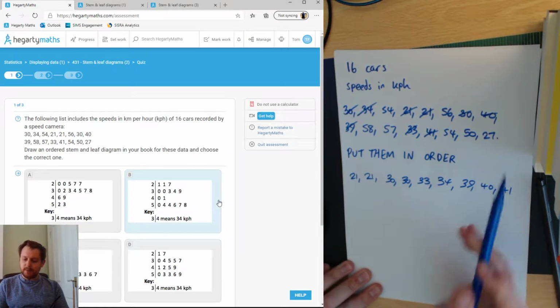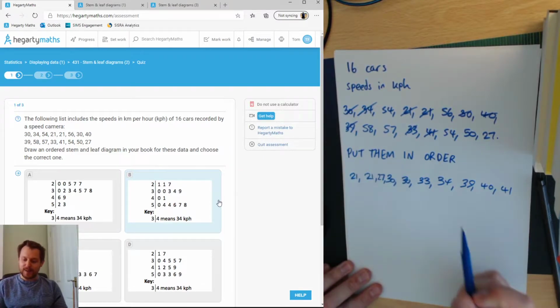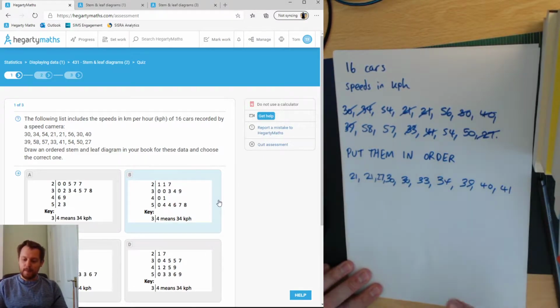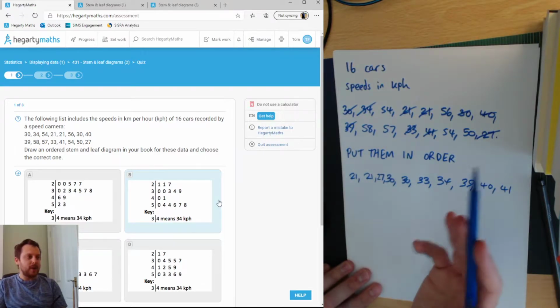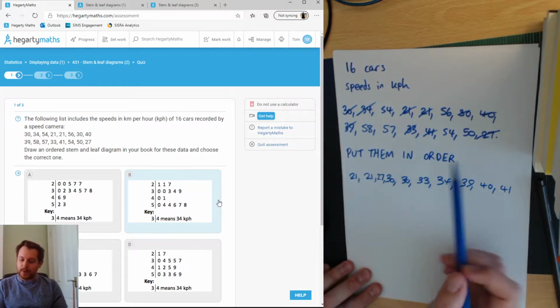I've missed out 27, so let me put that in there. See what I mean? Really easy to make a silly mistake. You need to be very careful. Imagine if there were 30 numbers. It all gets a lot harder just by there being more numbers.